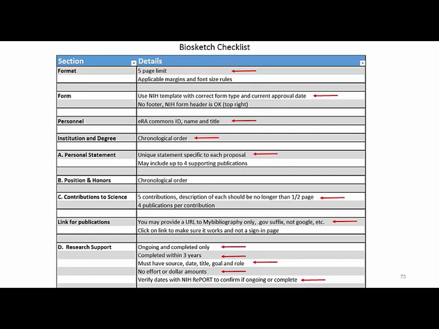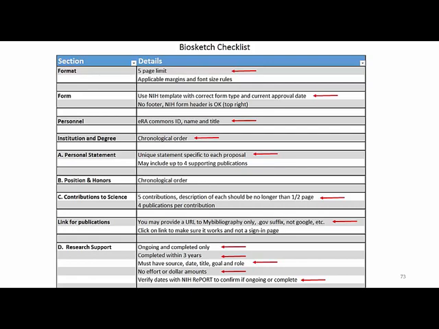I'm not going to go through this because this isn't really a BioSketch class or other support class, but this is in your handouts, and I like to have this when I'm checking a BioSketch. Some of you are putting a BioSketch together. Some of you are collecting them and gathering them from the PI, but I just like to point out all the things that you should be looking for from an admin perspective.